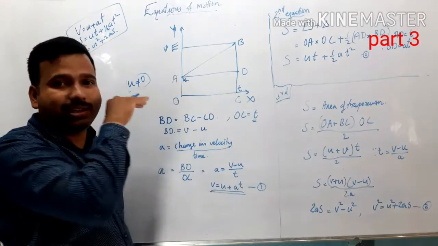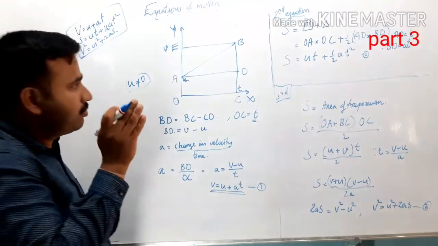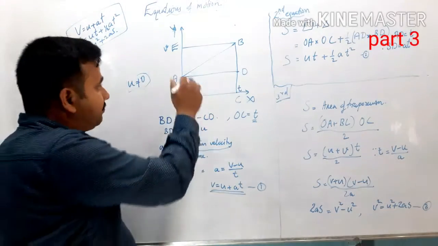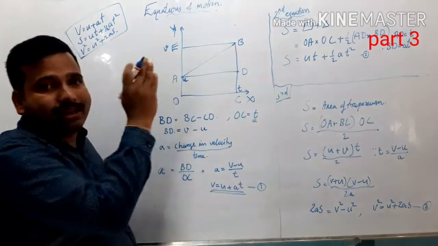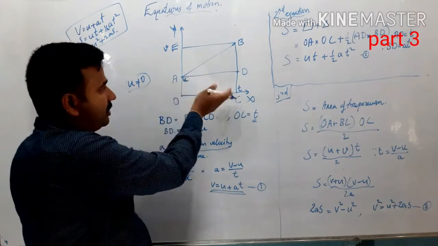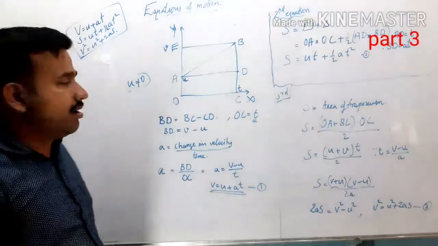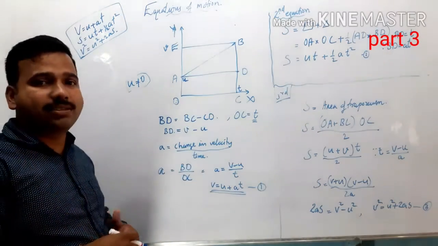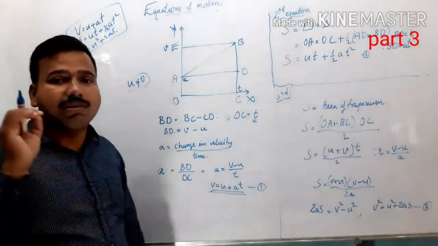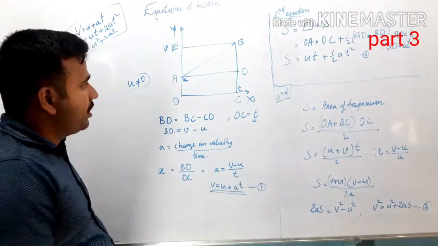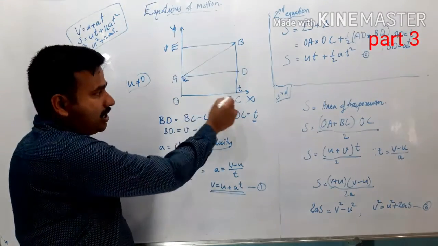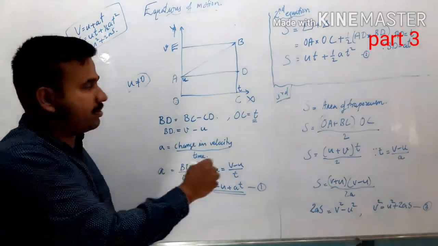We have already seen the graph of uniformly accelerated motion, which is a straight line inclined at an angle with the axis. Here AB is the graph of an object moving with uniformly accelerated motion whose initial velocity is not zero, and OC is the time T.